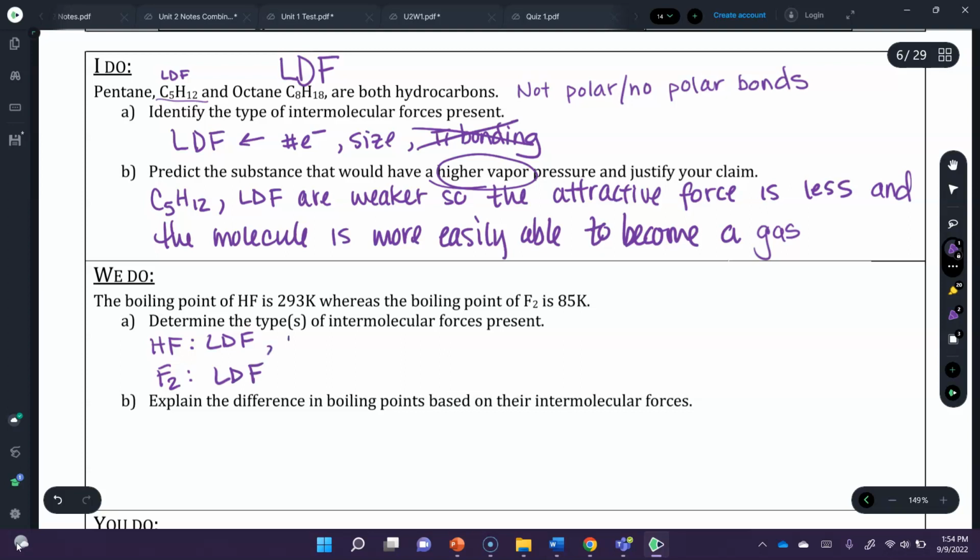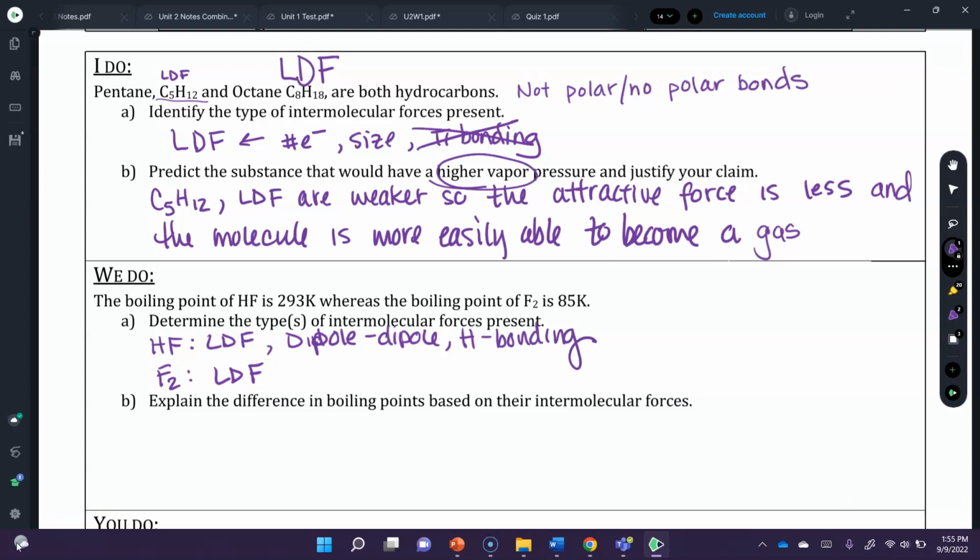What else is it capable of? Well, we know that HF is a polar molecule, so we can say dipole. But because it is H bonded to F, this is also hydrogen bonding. Whereas fluorine is nonpolar, and it's a covalent molecule, so it only has London dispersion forces.